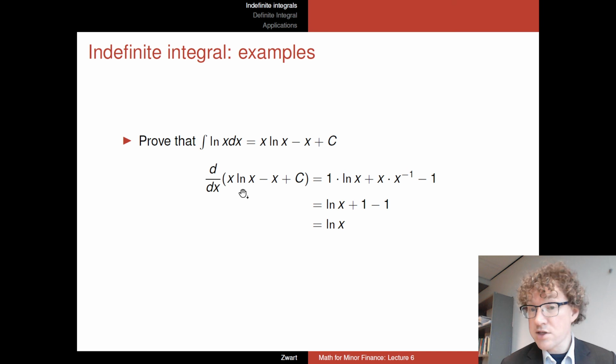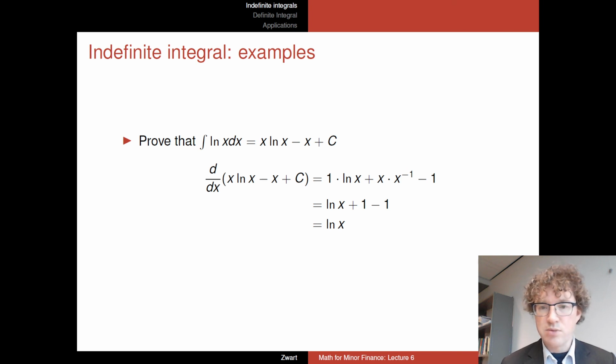The first part is the derivative of the first function x, which is 1, times the second function log x. Then we take the first function, the x, times the derivative of the second function, which is 1 divided by x, or x to the power minus 1. So that gives us x times x to the power minus 1. And the derivative of the final minus x just gives us minus 1.